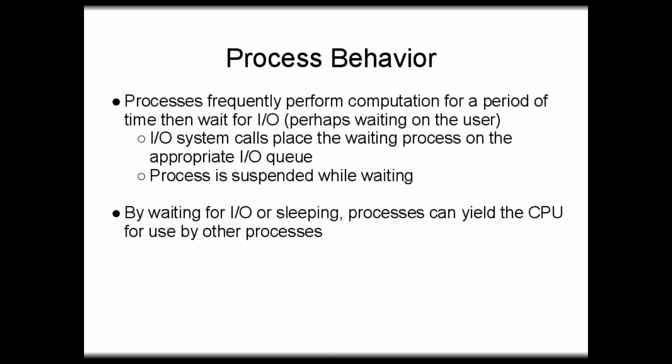Since I/O devices tend to be several orders of magnitude slower than the CPU, other processes could enter and leave the CPU before the I/O completes. Thus, by yielding the CPU whenever a process is waiting for I/O, CPU resources are more effectively distributed among multiple processes.